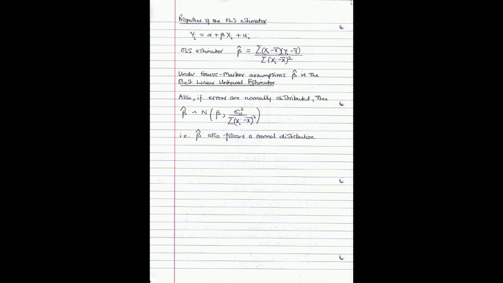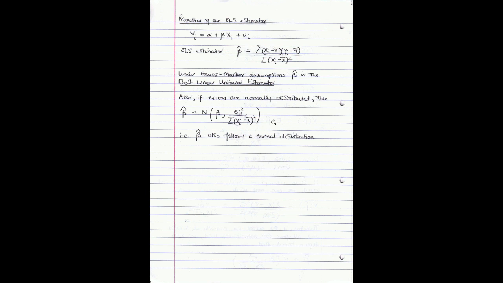So if we combine the Gauss-Markov assumptions with the assumption of a normal distribution for the errors, we can show that beta hat follows a normal distribution with mean equal to the true population parameter beta and variance equal to sigma squared u, which is the variance of the error term, divided by the sum of (xi minus x bar) squared. So this is a standard result that if we take a linear combination of normal random variables, we end up with a normal variable.